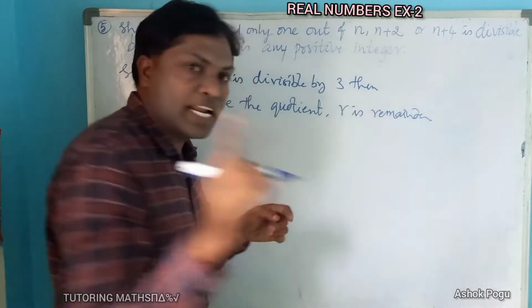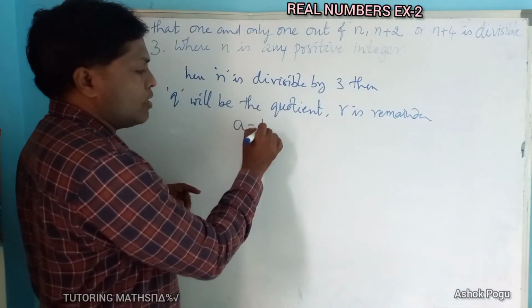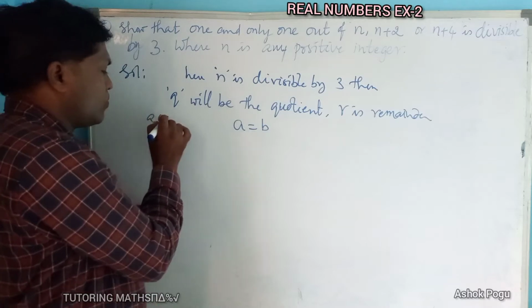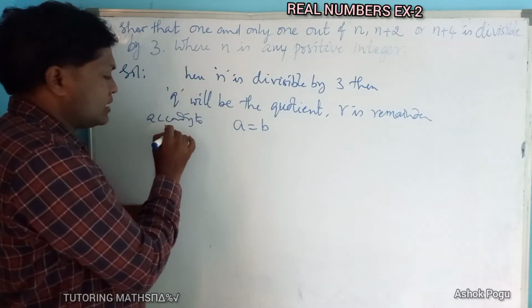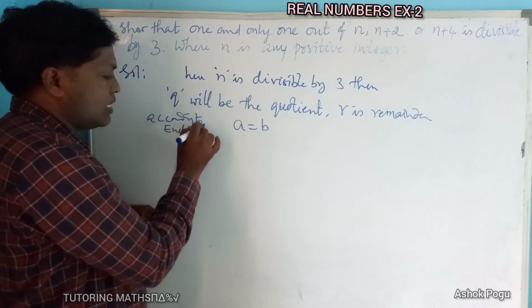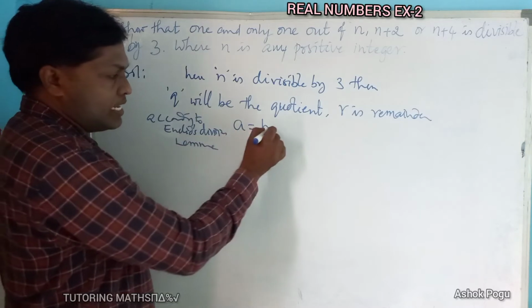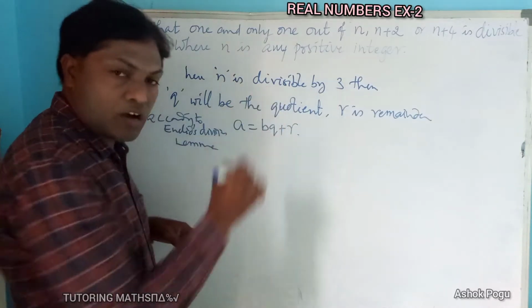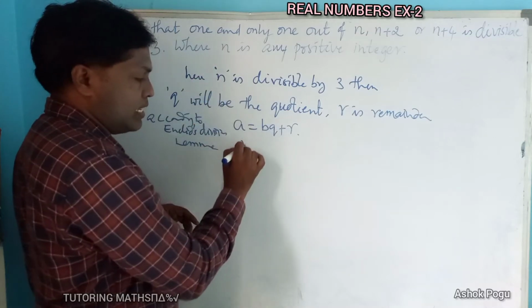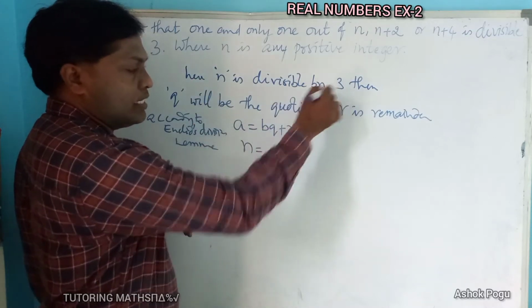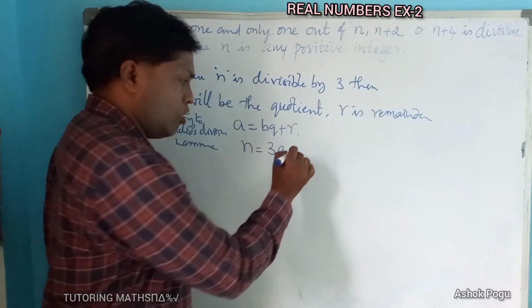So then, according to Euclid's division lemma, we get A is equal to BQ plus R, where A is the given number n, and B is the divisor 3. So n is equal to 3 into Q plus R.